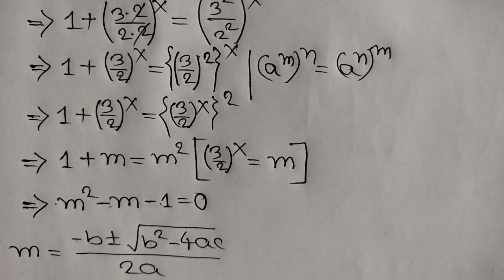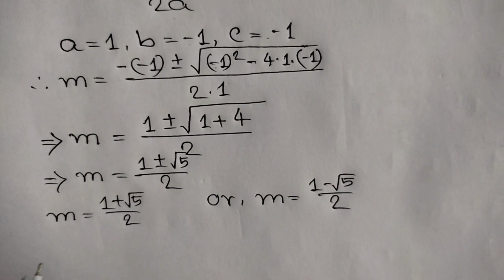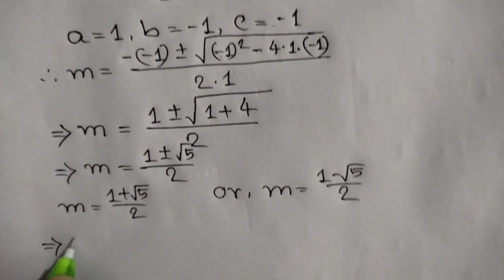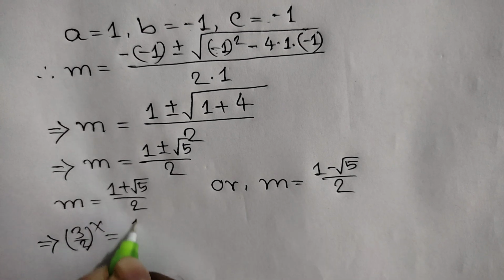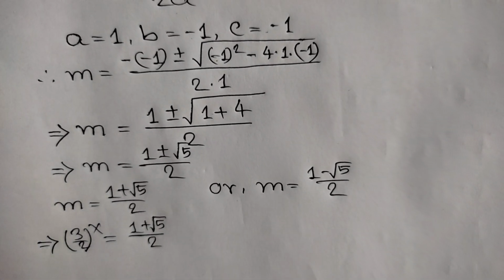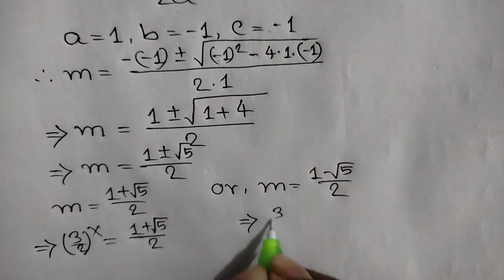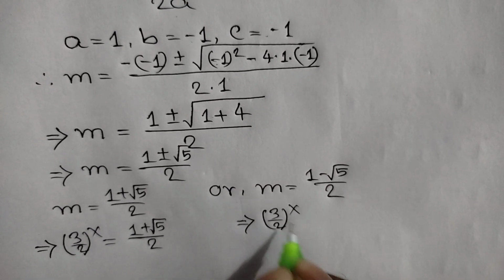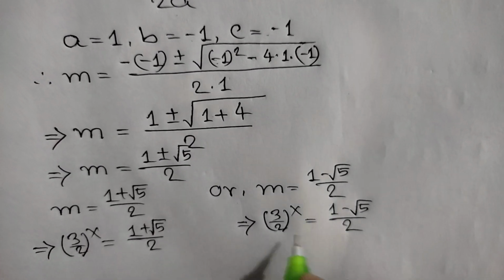But remember, m is equal to 3 over 2 whole power x. So 3 over 2 whole power x is equal to 1 plus root 5 over 2, or 3 over 2 whole power x is equal to 1 minus square root of 5 over 2.